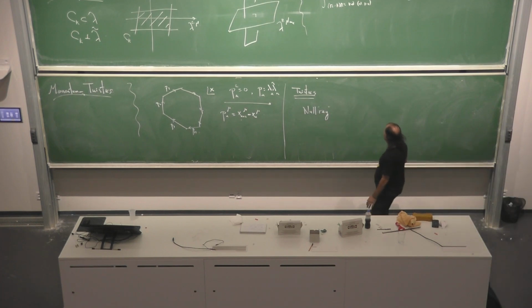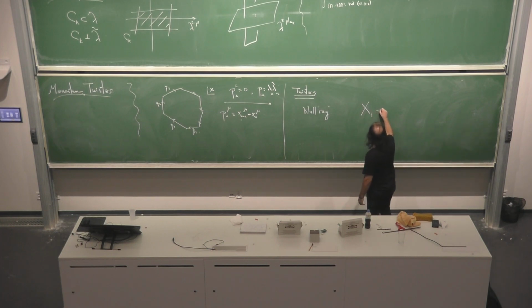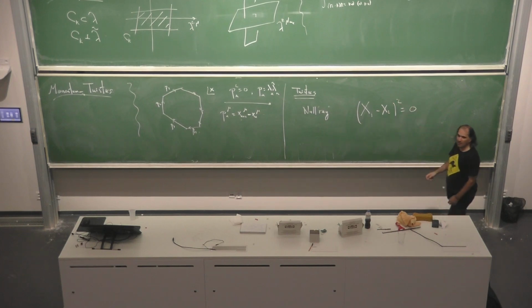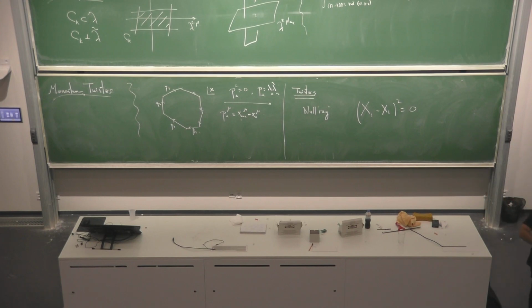So what I really mean is a linear equation, such that I want to look at the set of all x's that satisfy a linear equation, all x's on some kind of plane, such that (x1 minus x2) squared is equal to 0. And x1 and x2 are in a linear space such that any pair of x's on this plane are null separated from each other.